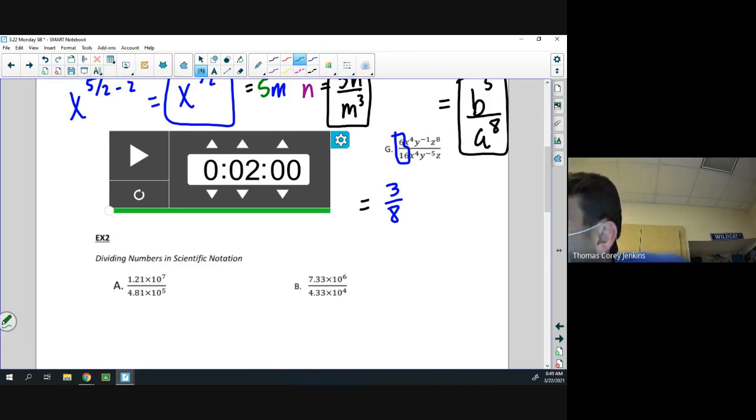Then we have x to the 4 over x to the 4. That would be 4 minus 4 is 0, right? So x to the 0. It's kind of neat to think about this too: anything over itself equals 1, and anything to the power of 0 equals 1. So you see those properties come together. My exponent for y is going to be -1 minus -5.